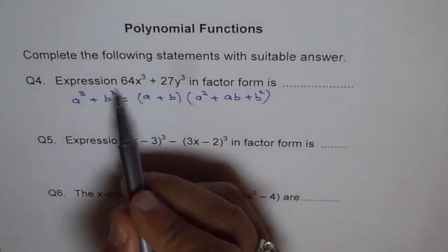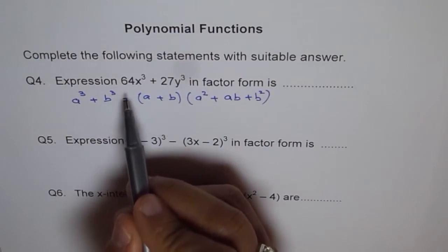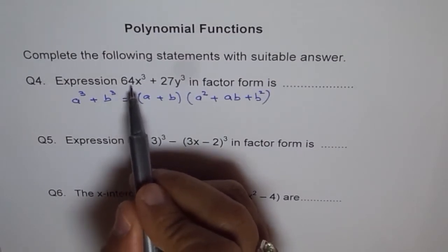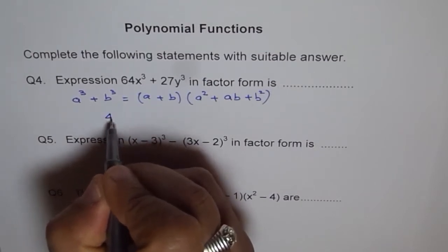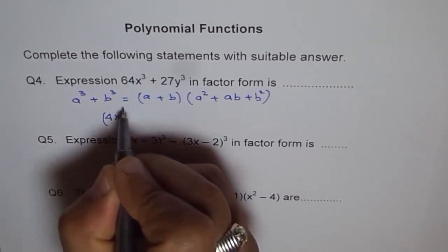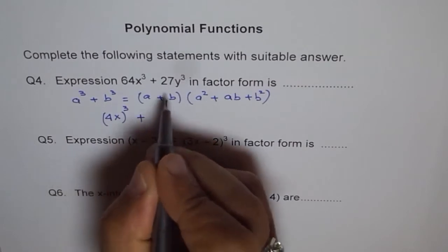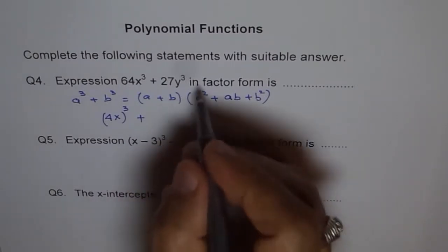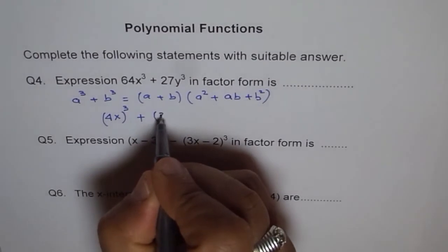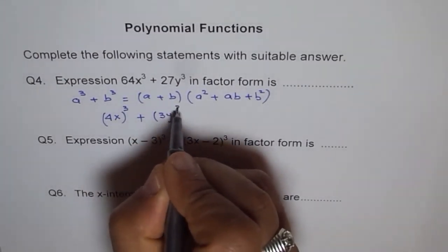The cube root of 64 is what? 4 times 4 is 16, 16 times 4 is 64, correct? So you would write the first term as 4x whole cube plus the second term as 3 times 3 times 3, right? 3 times 3 is 9, 9 times 3 is 27, and y cube is already given to you, right? So it is 3y cube.